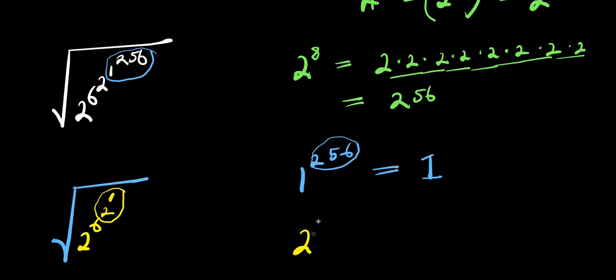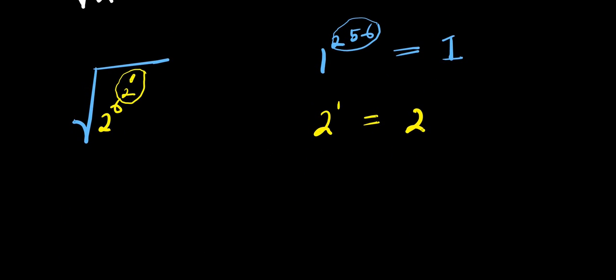And we have 2 to the power of 1 is the same thing as 2 times 1, which is 2. So this will give us 2. Then we consider this square root again. We are now going to have square root of 2 to the power of 6 to the power of 2.